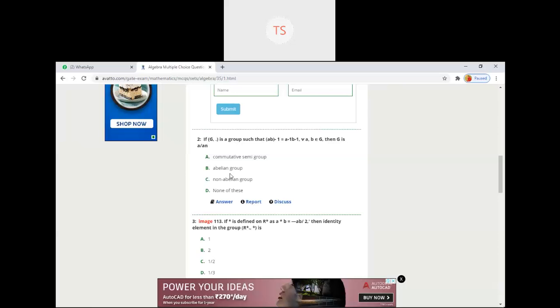The options are a commutative semi-group, an abelian group, non-abelian group, and none of these. So, do you have any idea of what type of group G is?